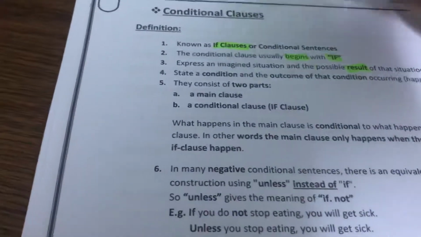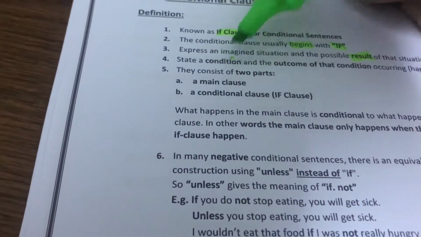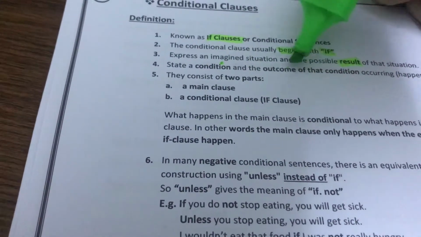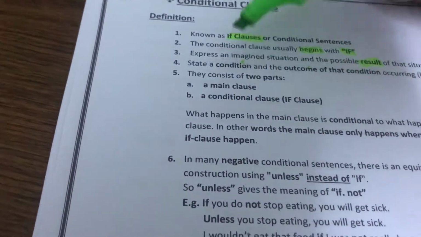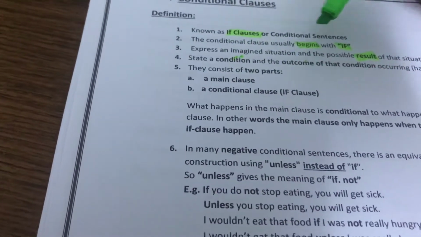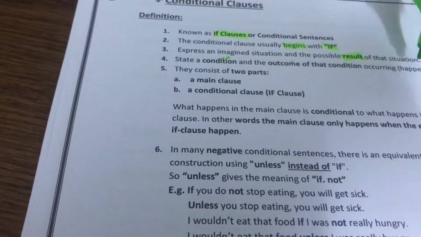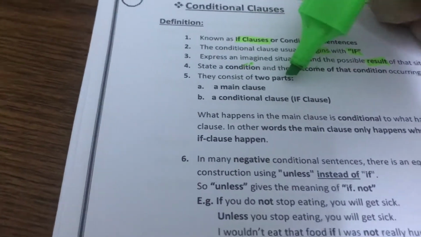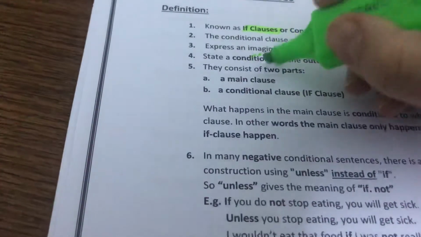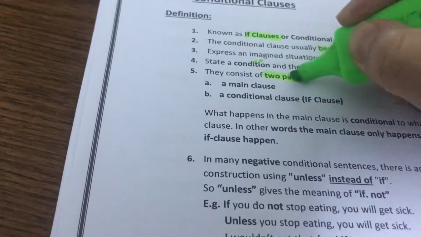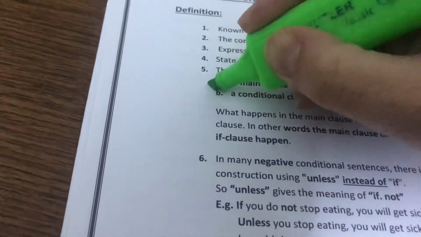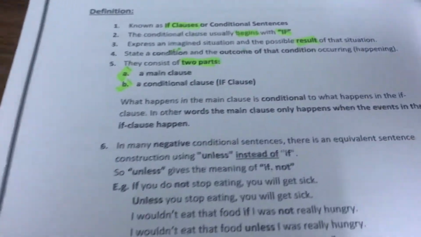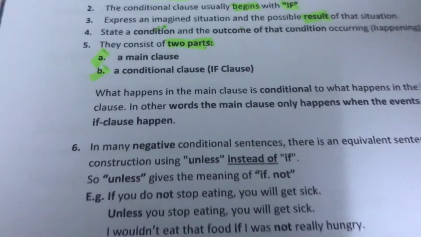It states a condition اللي هو الشرط and the outcome of that condition. الoutcome اللي هي النتيجة الناتجة عن هذا الcondition أو الشرط اللي عنا. They consist of 2 parts زي ما حكينا بالأول. هاي ال if clause and the main clause, the conditional clause or the if clause.